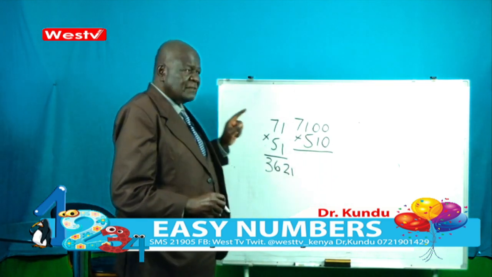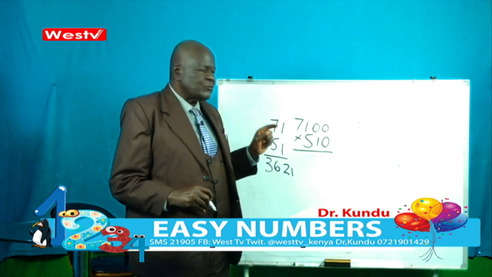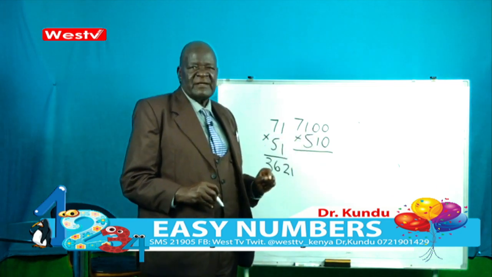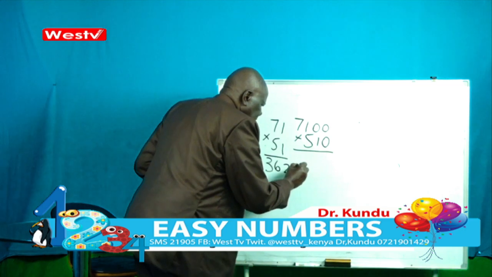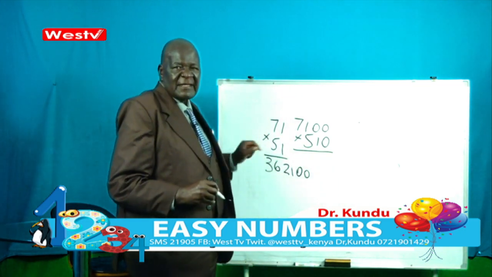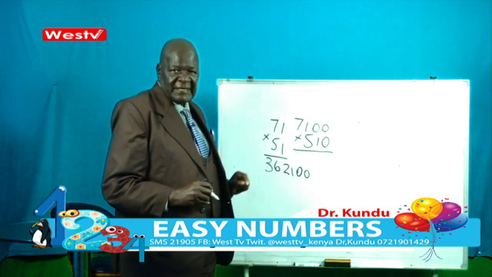After that, we come back to remember that it wasn't just 71, it was 7,100. There were 2 zeros. Return them. Then when you come to 51, it wasn't just 51, it was 510.